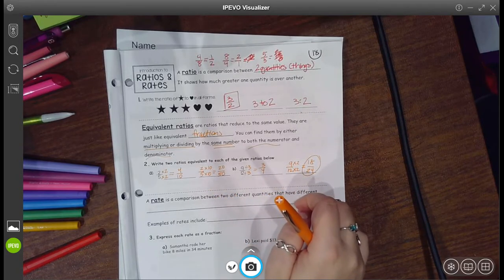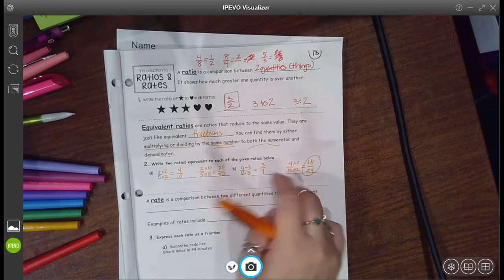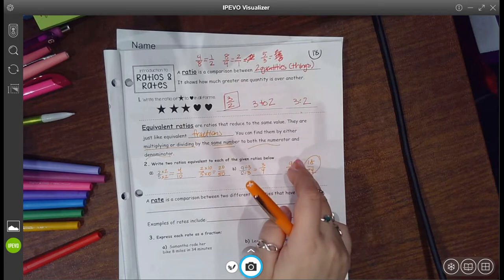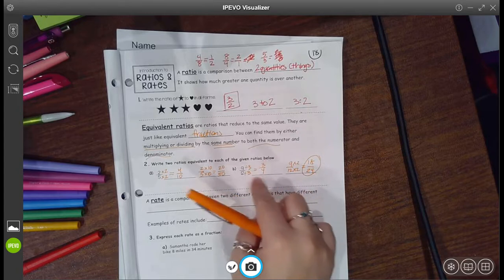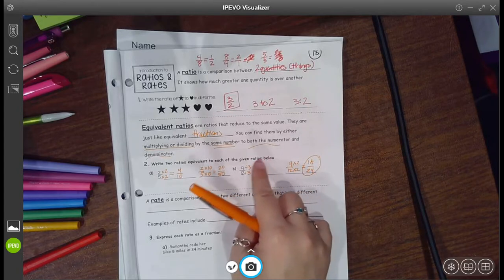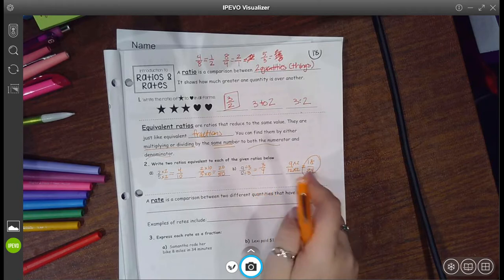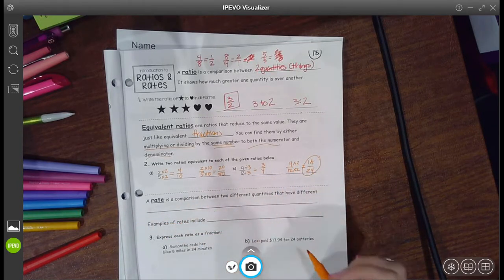So if this were a test problem, I suggest to always use the ratio that you were given, 9/12, and multiply the top and bottom by the same number when creating your next one, rather than one that you found. Because if you made a mistake on this and then you use that to create your next one, this one's automatically wrong too. So always try to use the one you were given if possible to create your next one.